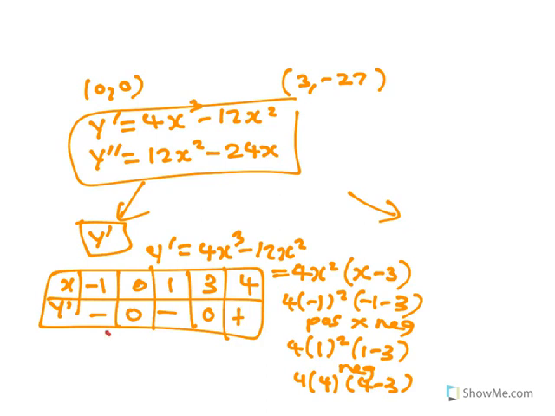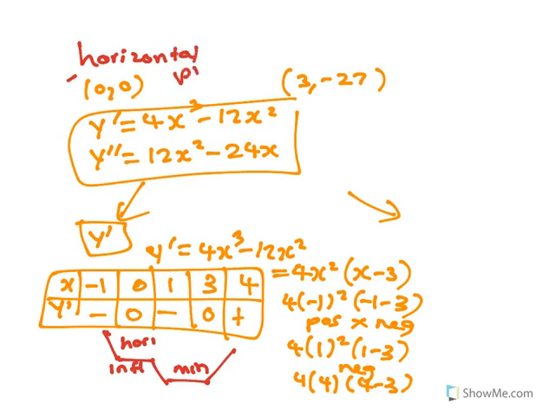So what's actually happening here is we go negative, 0, negative, and then we go positive. So we have a horizontal inflection, and then we have a minimum point. So that means this is a horizontal point of inflection, and this one here is a minimum turning point.